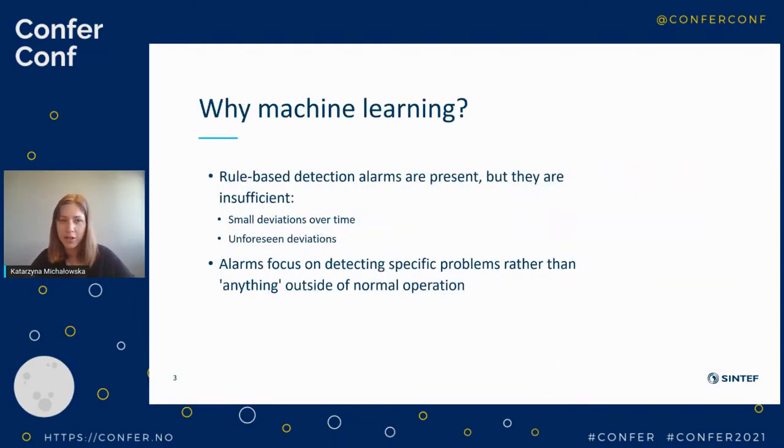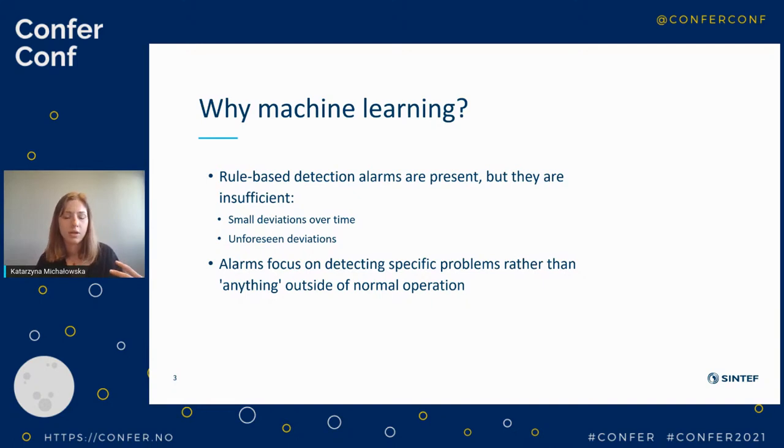So why would we use machine learning for that? The system that we have in our use case is already equipped with some alarms and some other monitoring system. However, this one is very simple. It is based on rules. If the values returned by the sensors that are installed on the thrusters exceed some value, there might be some alarm triggered and so on. However, in the thrusters there might be only some small deviations, which will not be seen by these algorithms.